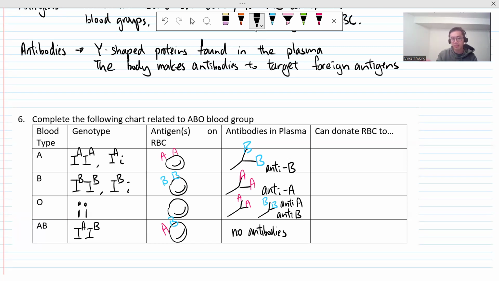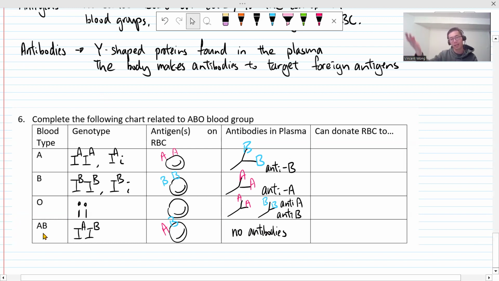If they make anti-B, they will also end up attacking their own cells. Now, I want to clarify here. When I say no antibodies, I'm talking about antibodies for A and B. Obviously, if this AB person gets, again, my favorite example, chicken pox, they will make anti-chicken pox antibodies to fight off the chicken pox. So when I say no antibodies, I'm just talking about the ABO blood group.